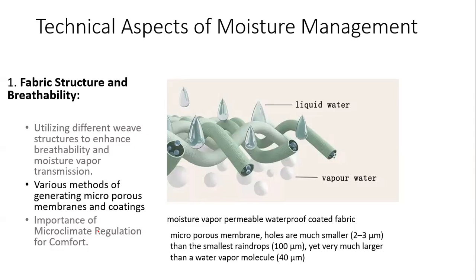So this is a very simple technology again. You produce a porous membrane where the pore structure is capable of allowing the moisture vapor to evaporate, but the rain droplets do not come in.